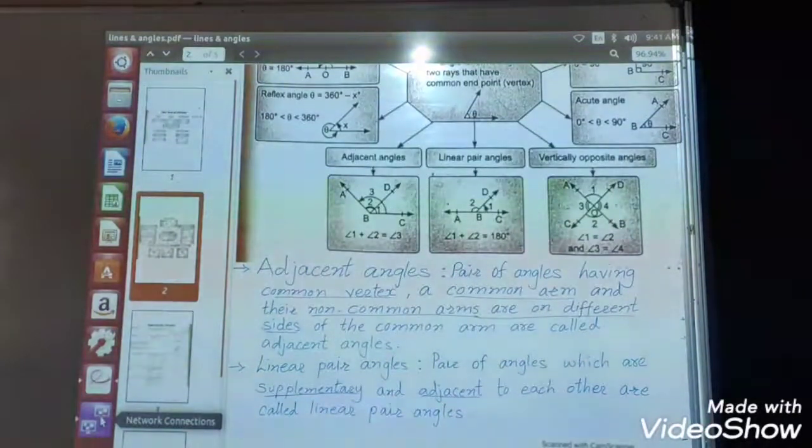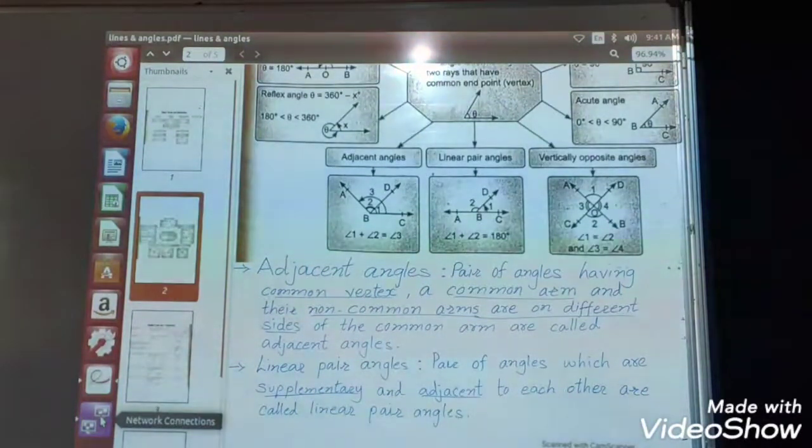You can see in the figure again a line ABC is given, which is divided into two angles, angle ABD and angle DBC. Now, ABC makes a straight line and a straight line is always 180 degrees. And the definition of supplementary is that if we add the given two angles and it is 180, then they are called supplementary angles.